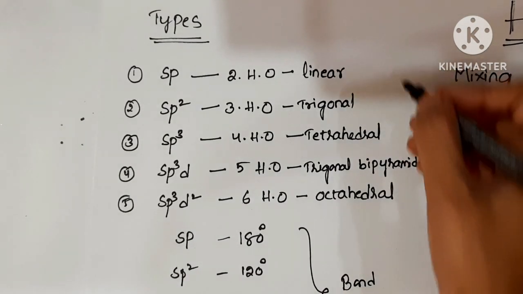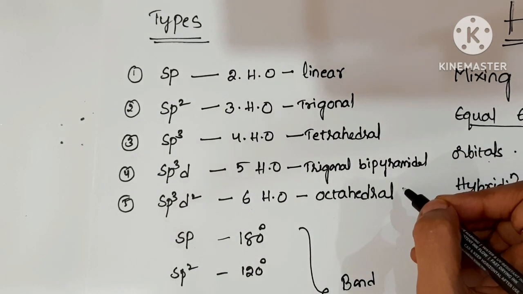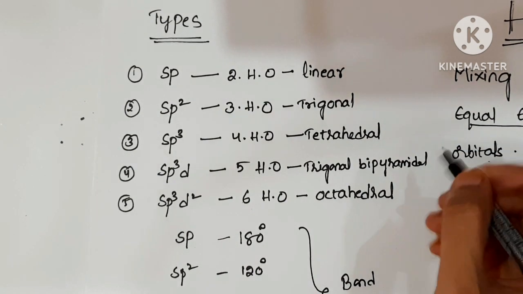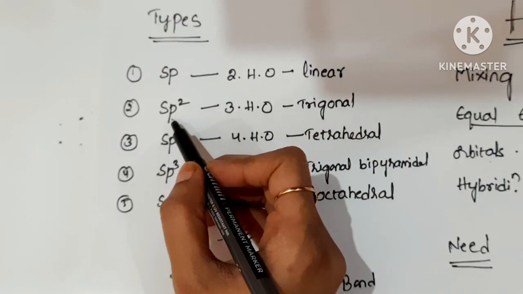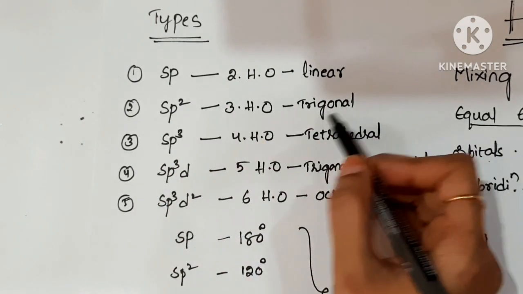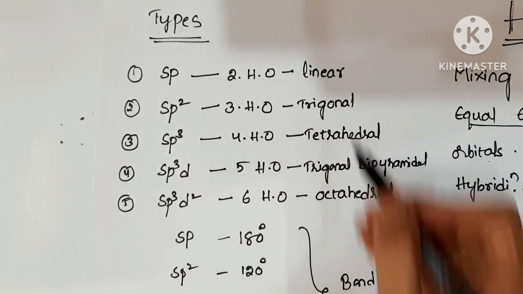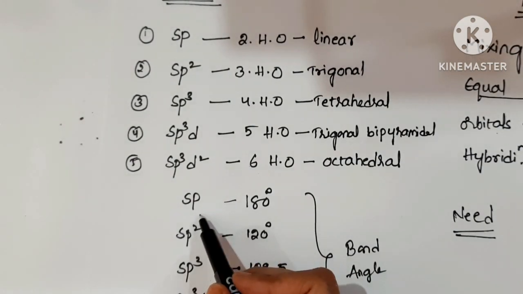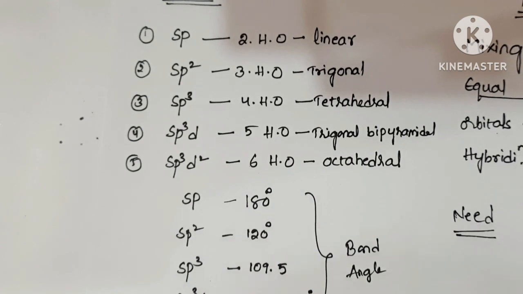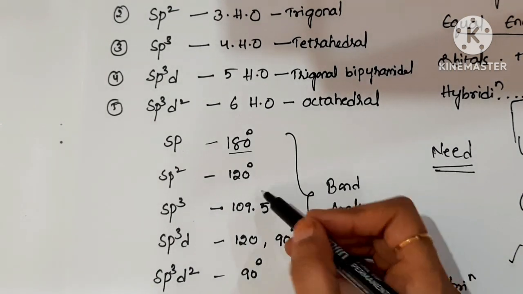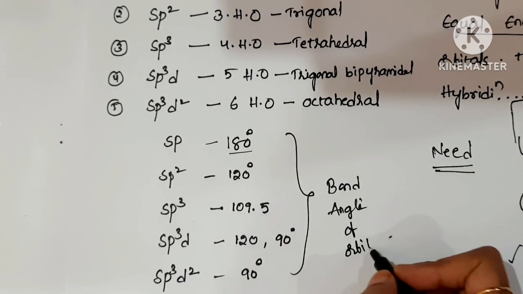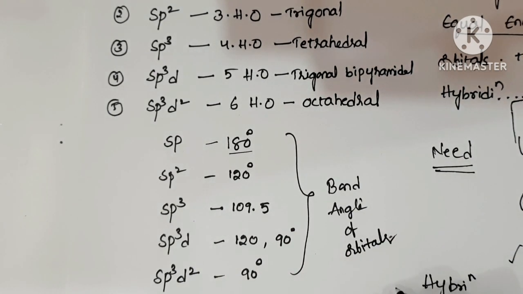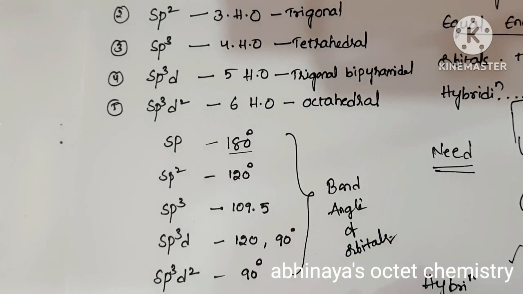Molecular geometry means molecular structure. In sp hybridization, the molecule shows a linear structure, and the bond angle between the orbitals is 180. In sp2 hybridization, the molecule shows a trigonal structure, and the bond angle is 120.